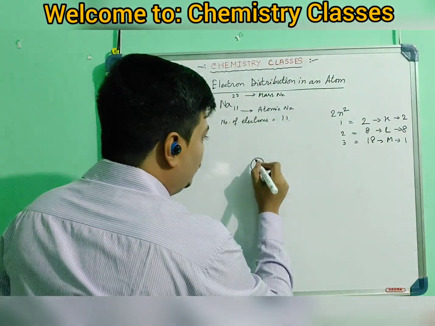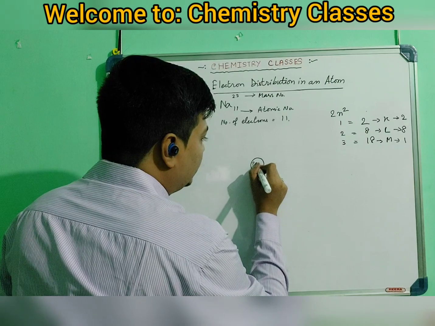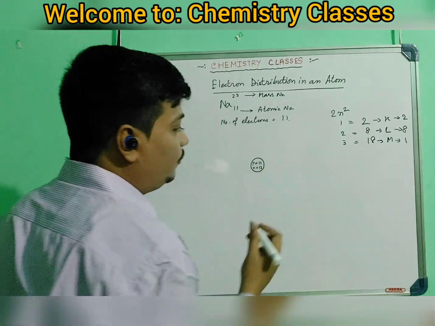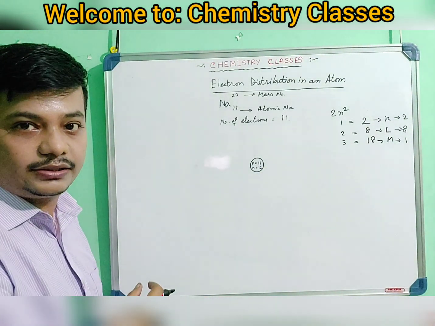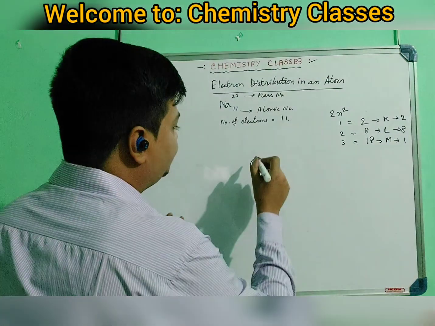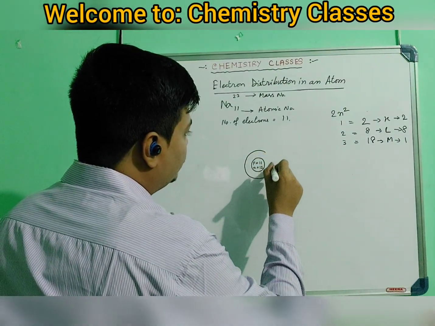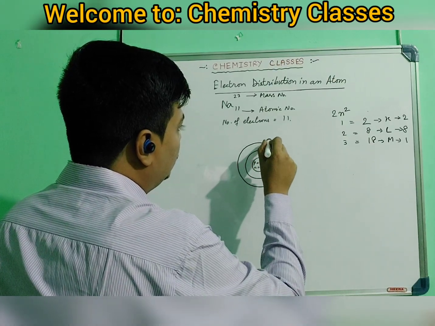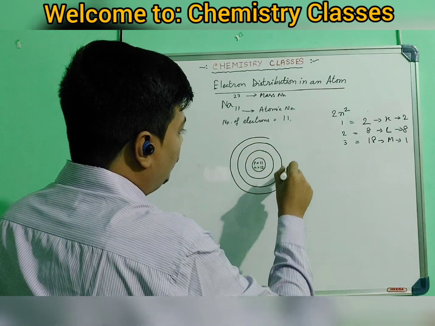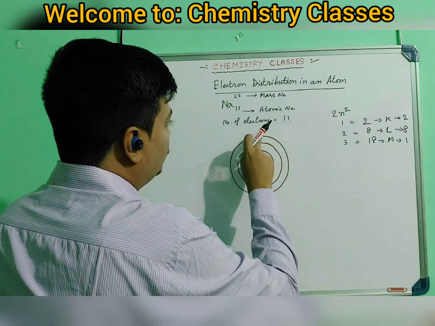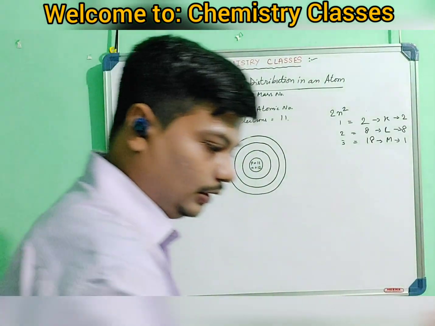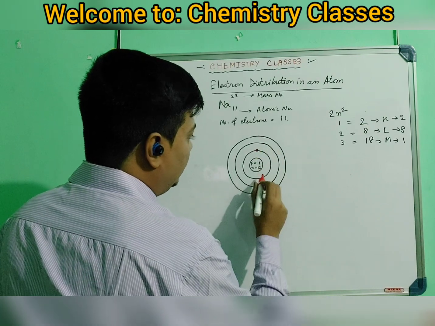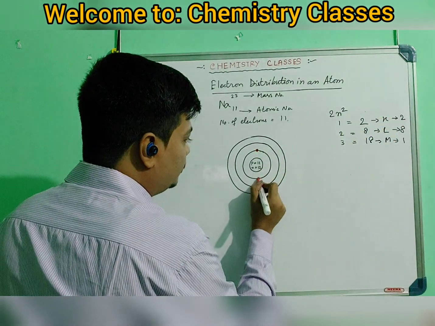So let me draw it here. Inside the nucleus, how many protons are there? Protons are 11. And how many neutrons are there? 12, which we have already found out from the previous calculations. Now let me draw the electrons in red. The first shell, the K shell, will have 2 electrons.